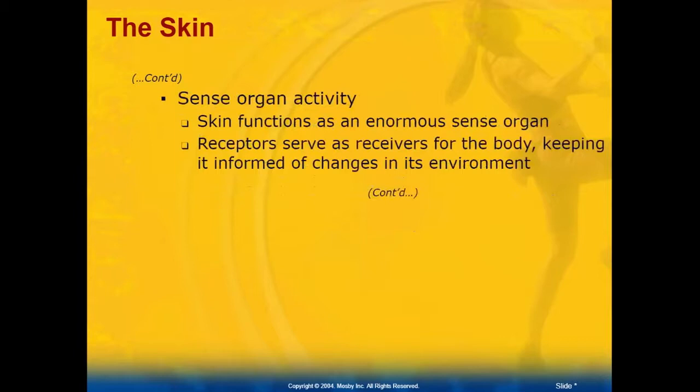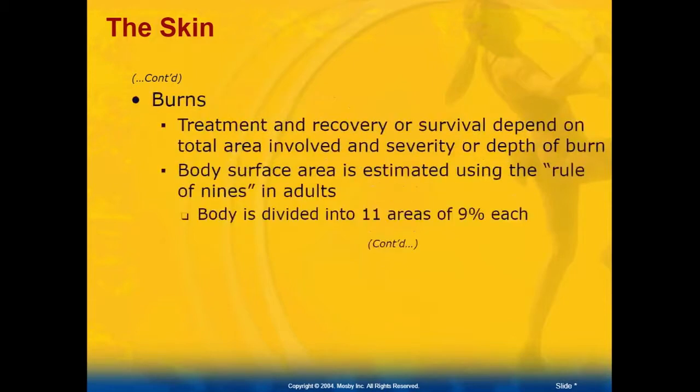This is the pressure, the pain, the temperature, all those sensations on the body that can alert us to a problem or danger or pleasure, whatever it is. Okay, so sense organ activity, temperature regulation, and protection. 3 functions of the skin.